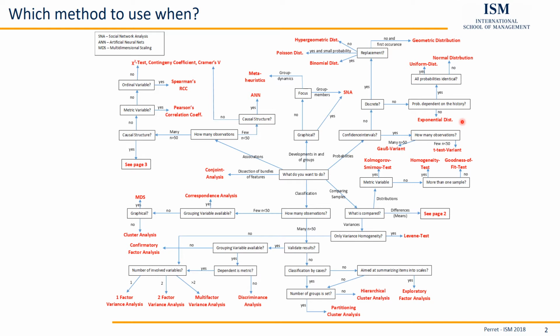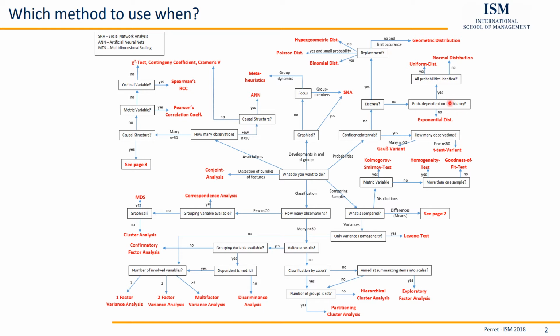So if I want to know what is the probability that my computer will crash in the next 2 hours, and I know that this probability is exponentially distributed, then it doesn't matter how long the computer already was running. So here in this case I would have the exponential distribution. This also goes hand in hand, and that's where the name comes from, with the probability exponentially increasing or decreasing.